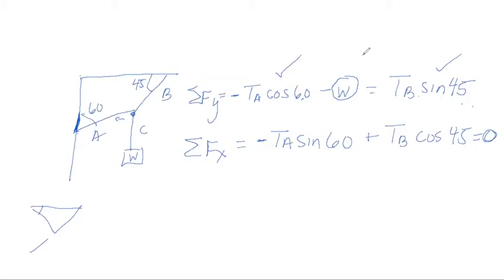You can go ahead and solve by TA equals TB cos 45 divided by sine 60. Get a value for TA here, and then use that to put it here, and then go ahead and solve in terms of W. And I'll leave that to your pleasure. It should be fun. So go ahead and do that. And that was 7.